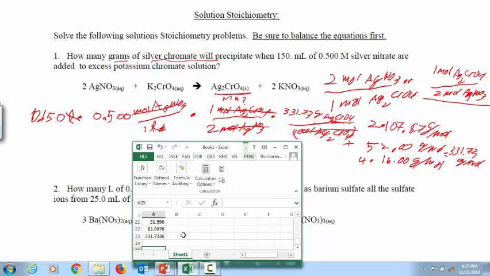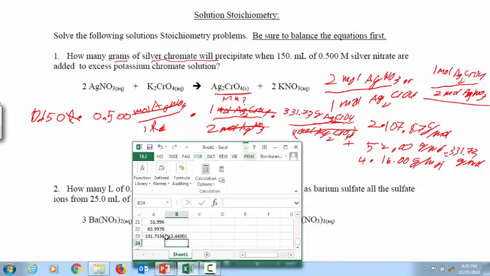Let's go ahead and do it here. Equals 0.15 times 0.5 divided by 2 times, and just use this value here, and that gives me 12.44001 grams.